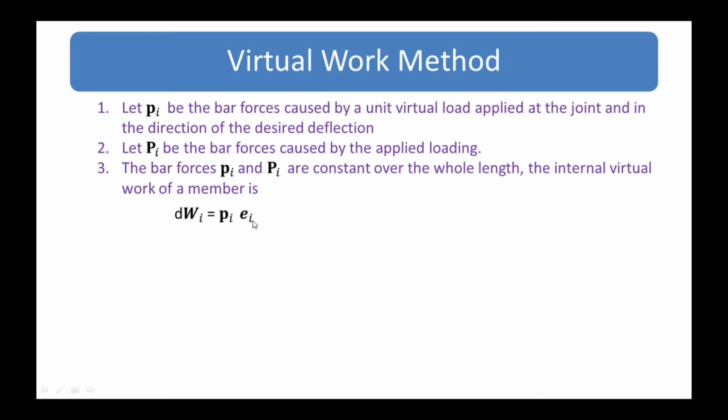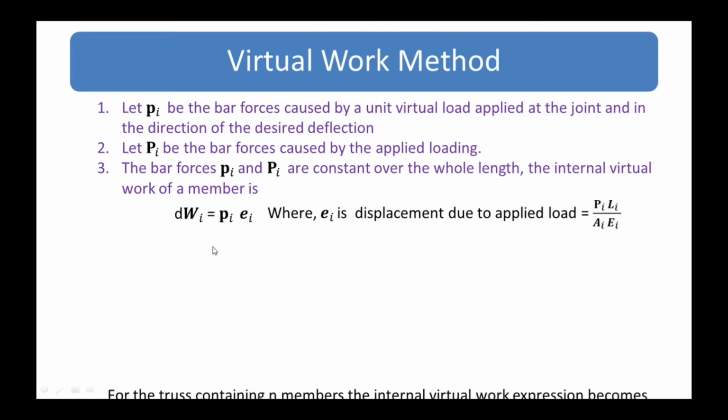That becomes the internal virtual work. Here small ei, the displacement due to applied load, is equal to capital Pi into Li divided by the area of the member into the modulus of elasticity of that member. So we are putting this in place of ei.